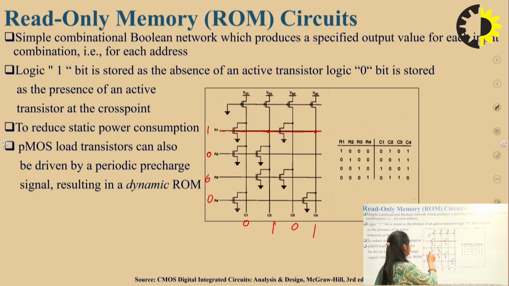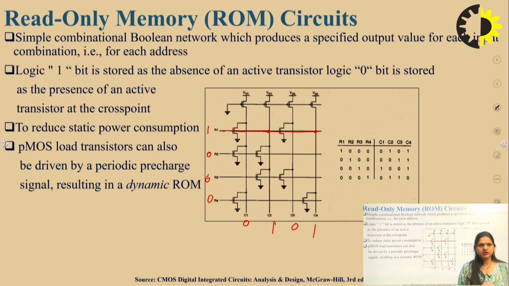And if a logic bit is stored, the concept is similar to the CMOS inverter. If logic 1 is stored, that is represented as the absence of the transistor, and if a logic 0 bit is stored, it represents the presence of an active transistor. For example, we have located these two locations, and that means there is 1 over there because of the absence of a transistor.